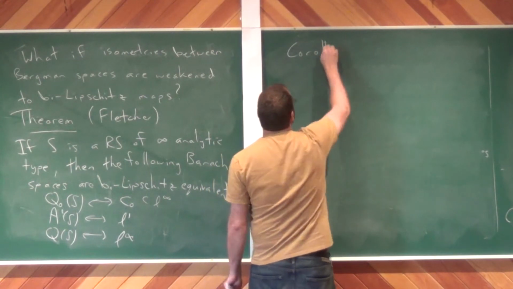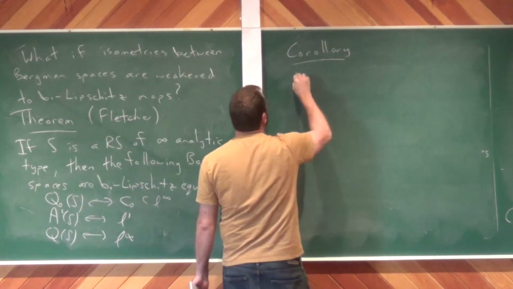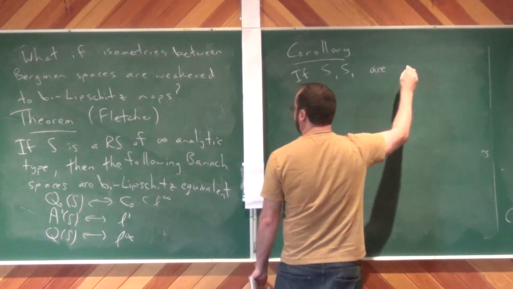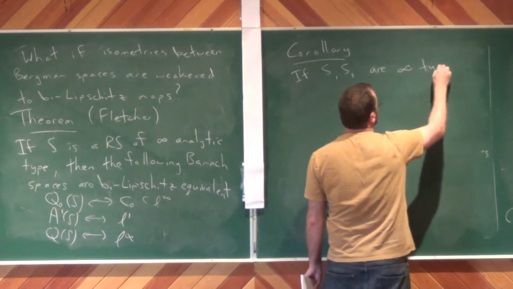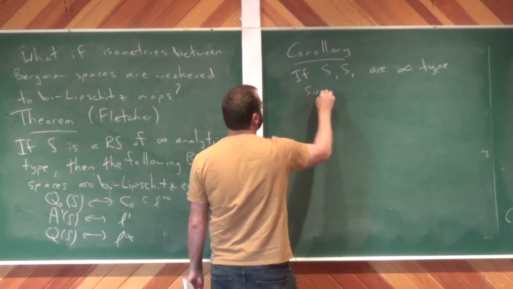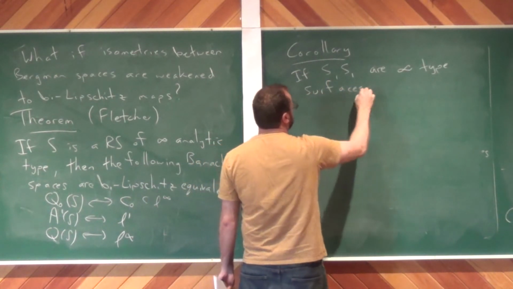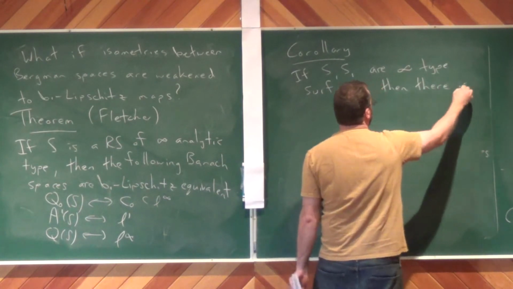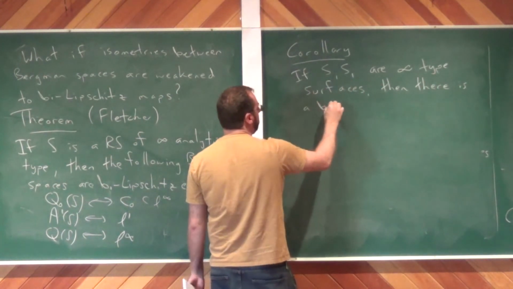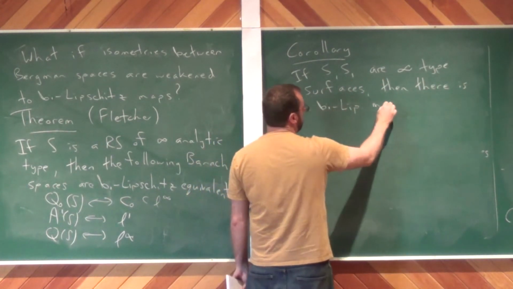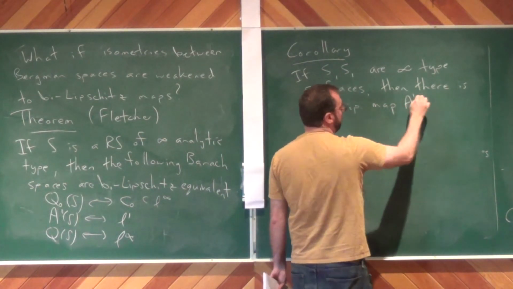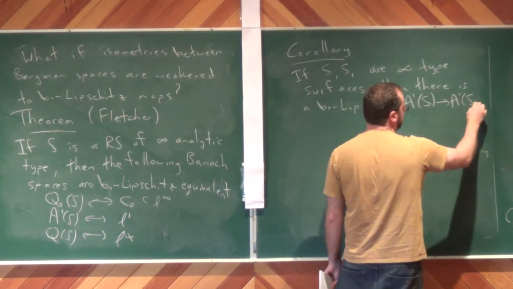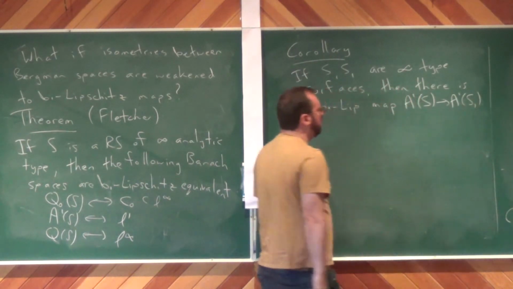So as a corollary of that, if S and S1 are infinite type surfaces, then there is a bi-Lipschitz map from the Bergman space, for example, A1 of S to the Bergman space of S1.